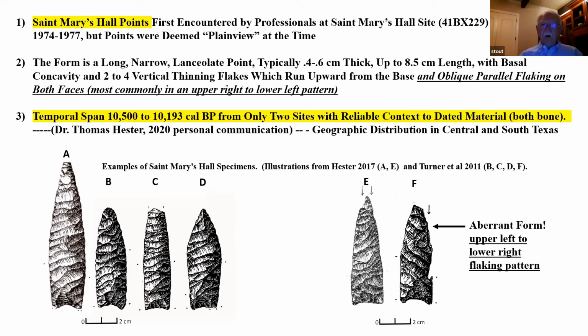And one of those sites is this one, because we've had material radiocarbon dated in association with the St. Mary's Halls we found there. And we had a date of 10,248 to 10,193. So we've kind of defined the bottom, the youngest part, and another site down around San Antonio has defined the oldest point, about 10,500.